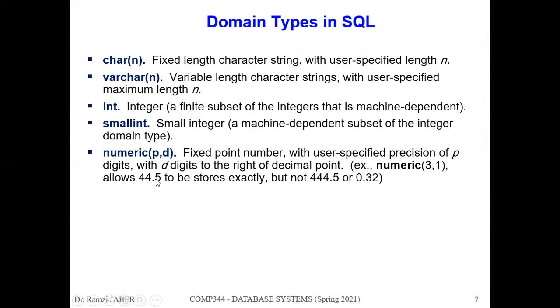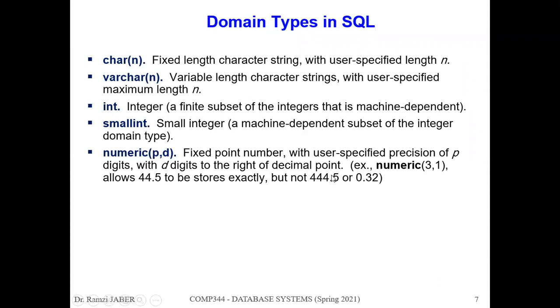For example, it allows 44.5. So here we have 3 digits total, and inside the 3 digits we have 1 decimal digit. Okay, it's not like Python or other languages. When you define 3 comma 1 in Python and other higher languages, they reserve 3 digits for the quotient and 1 digit for the decimal number.